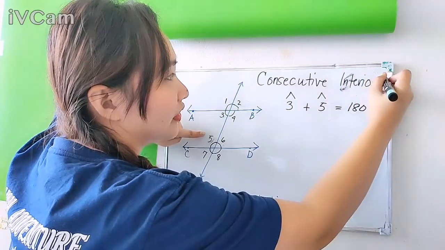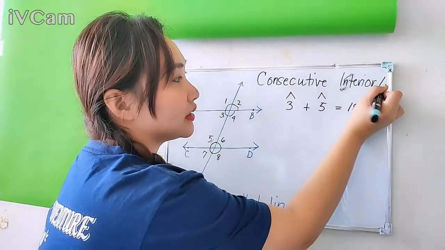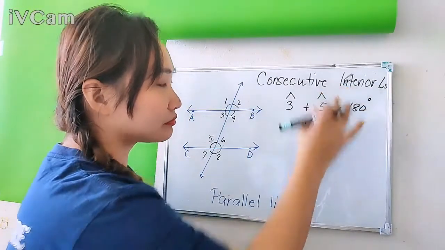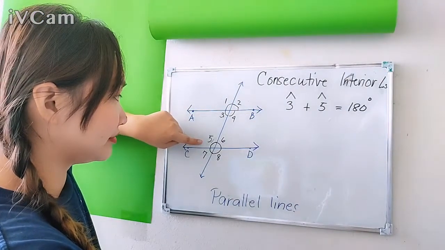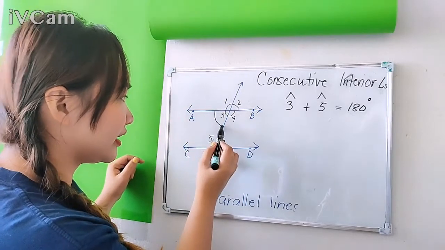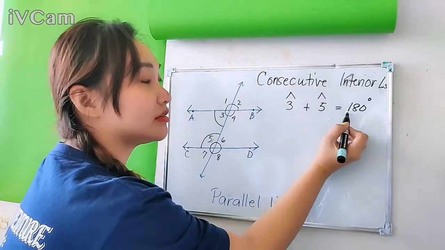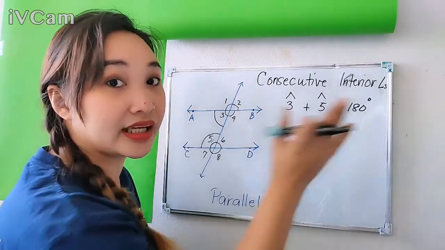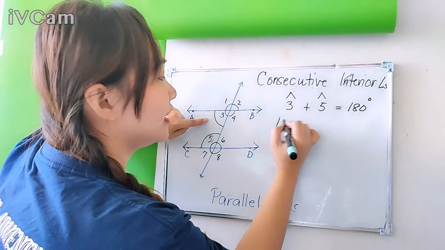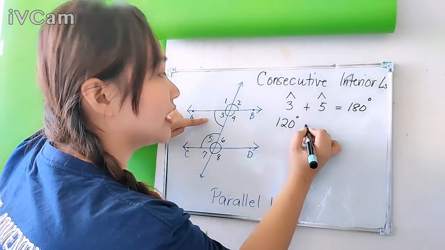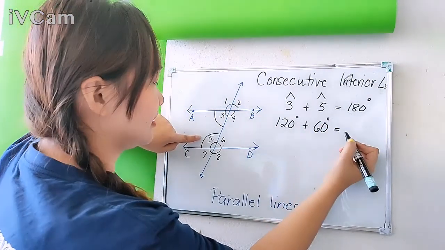Again, angle 3 and angle 5, add them together, is equal to 180 degrees. For example, if this angle here, angle 3, is 120 degrees plus this one that is 60 degrees, the answer is 180 degrees.